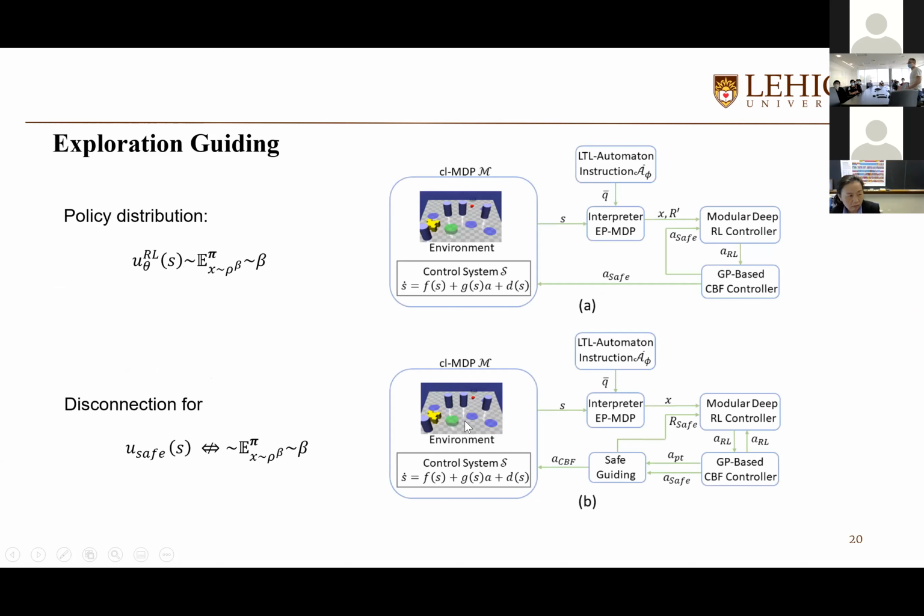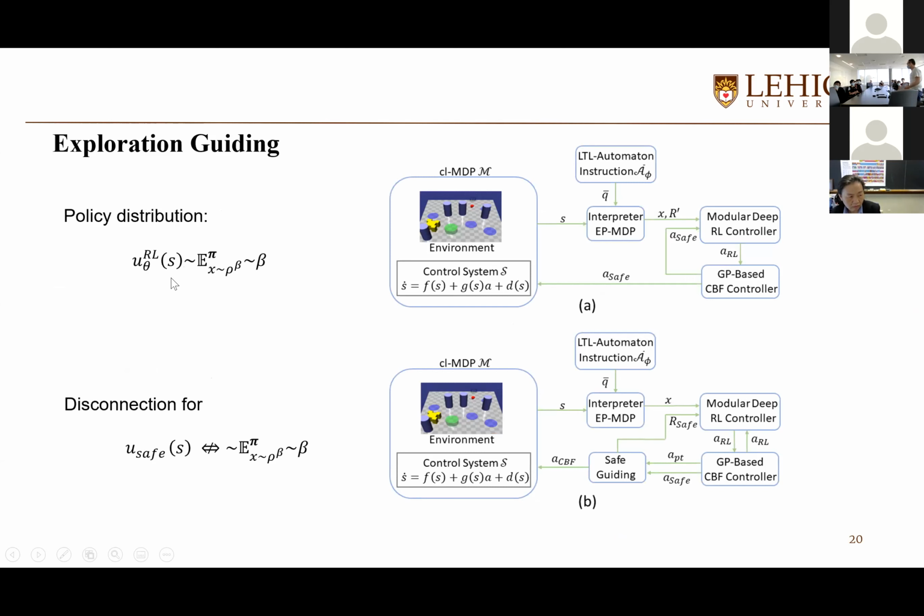However, the issue is that the safe controller is not generated based on the distribution of the actor neural network, because DDPG is an actor-critic neural network. So there's no connection between the safe controllers and the distributions. But this distribution is connected to the RL controllers.